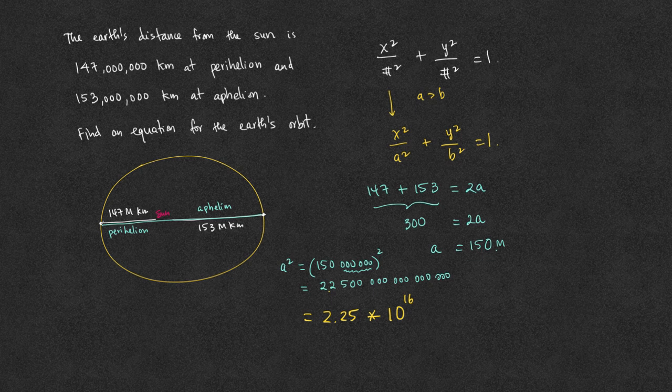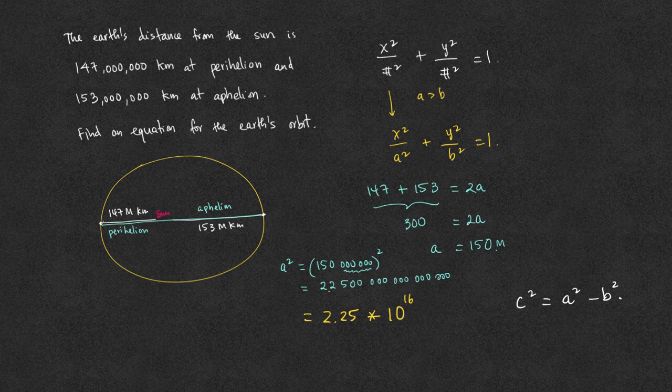It is true that there is a relationship between a, b, and c, where c squared equals a squared minus b squared. But we only have a here. We don't have c and b. However, the Earth is orbiting around the Sun, so the Sun is basically one of the foci.